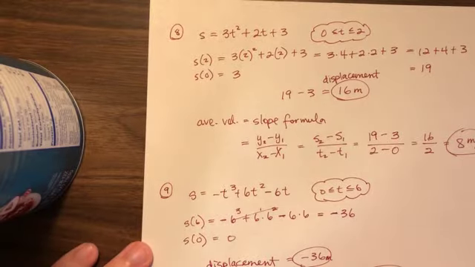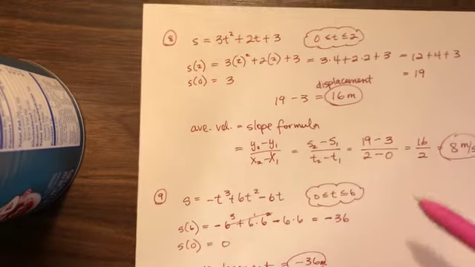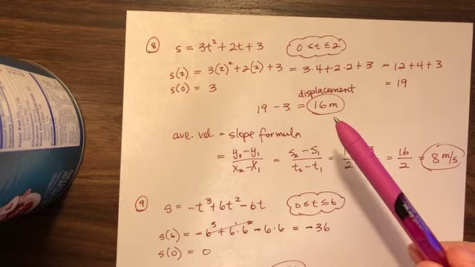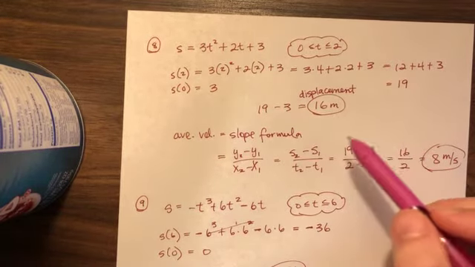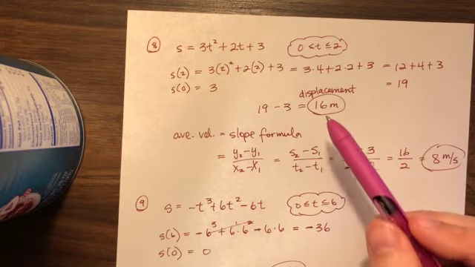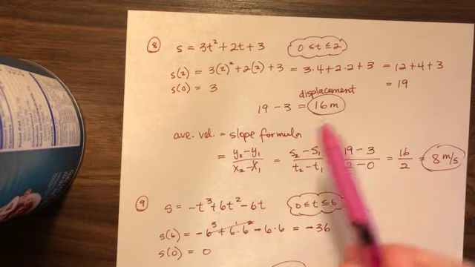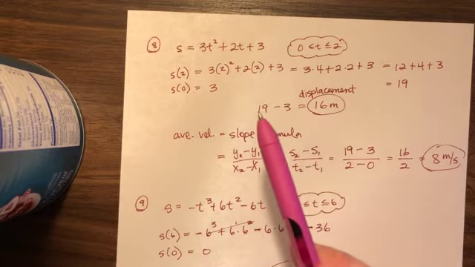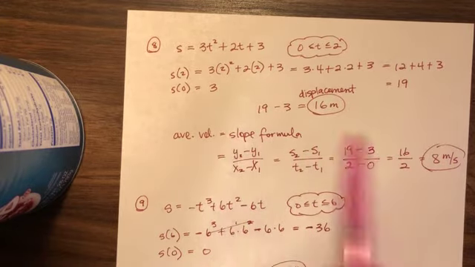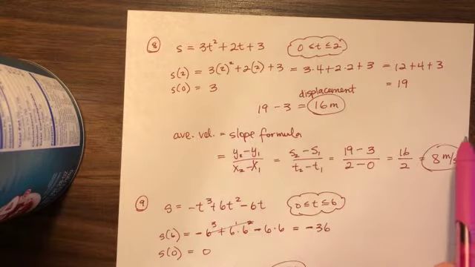And this tells me things, if you want to interpret this. So up here, we can see that the body, as they call it, moves 16 meters. It doesn't say anything about its direction, but it kind of does, because it's positive. So it went from 3 on the number line to 19. So it's moved to the right.